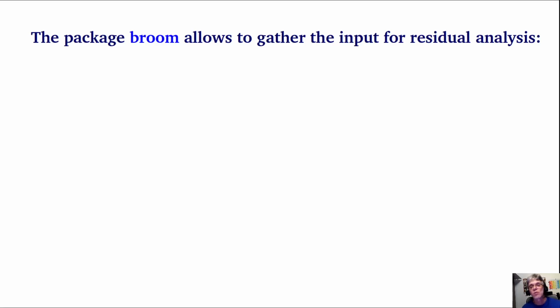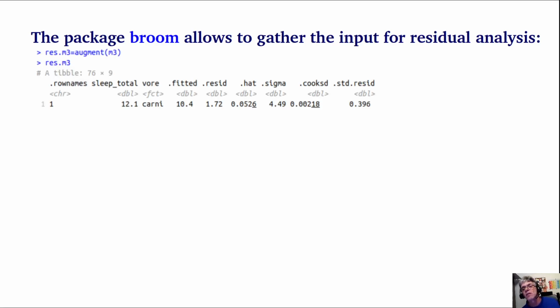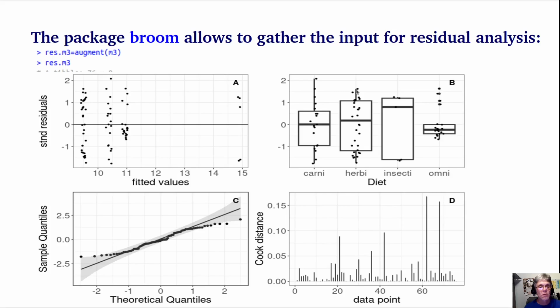The package broom gathers the input for the residual analysis. This was discussed in previous videos. We have the response variable, the explanatory variable, the fitted values, the residuals, the Cook distances, and the standardized residuals. With this we make the following plots.